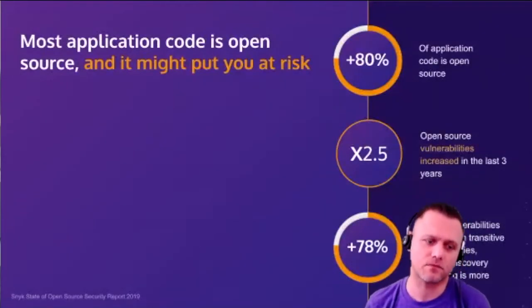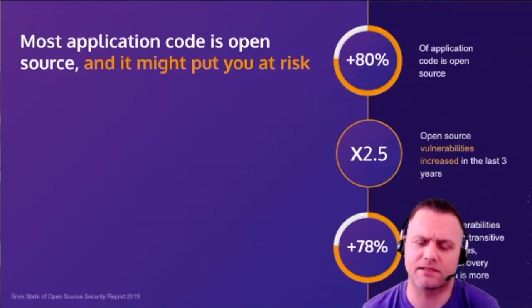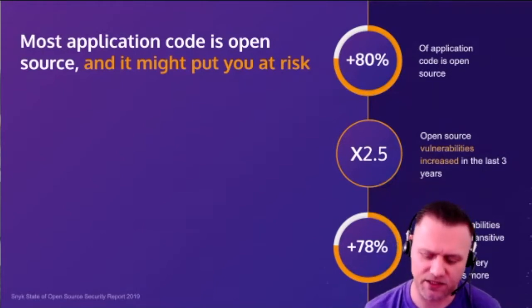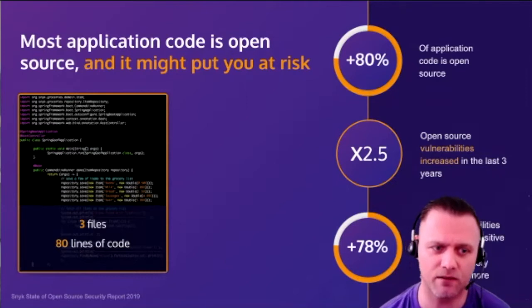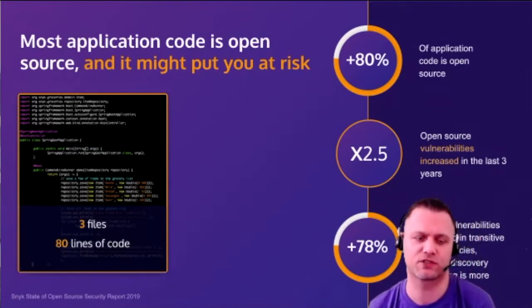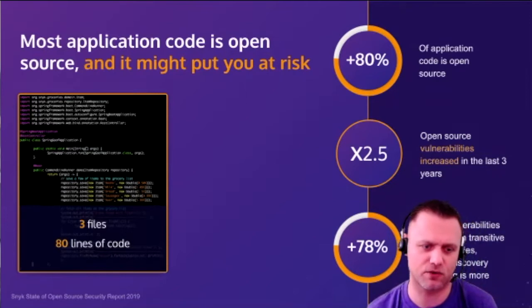Now, let's take an example that I will show in real life in a bit. As I said, let's say 80% of my application is based on open source. So here on the left, I have a Java application. Actually, it's a Spring or Spring Boot application. It's very simple. Let's say it's a to-do list application. It consists of 3 files and around 80 lines of code.